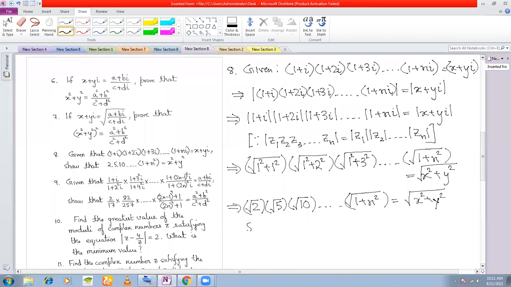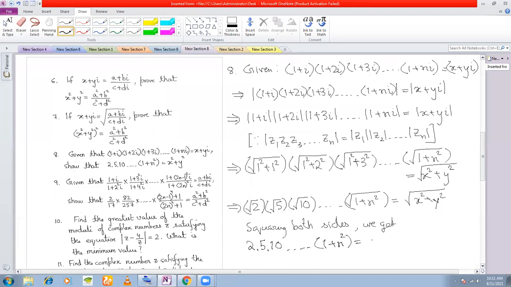So squaring both sides, we get root 2, root will be removed. If I square both sides, there will be no radical. You get 2 into 5 into 10 up till 1 plus n square is equal to x square plus y square.